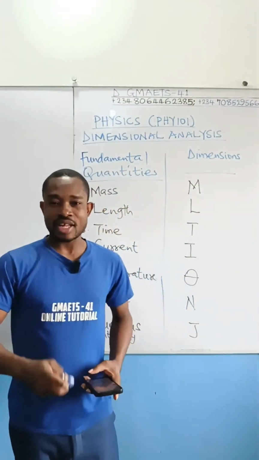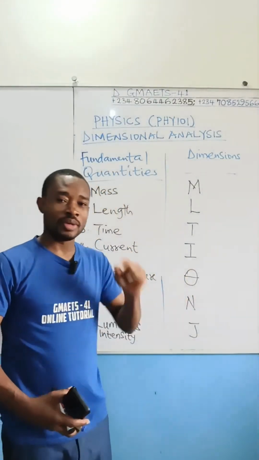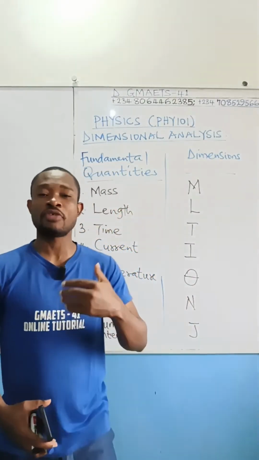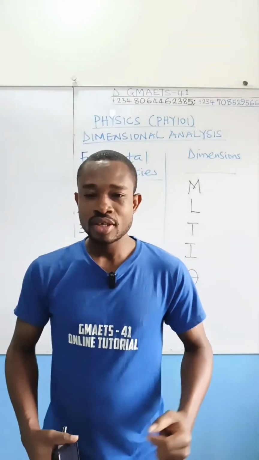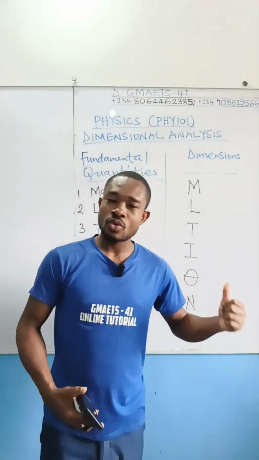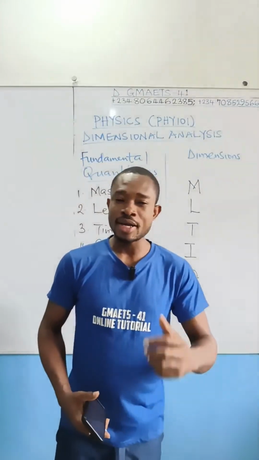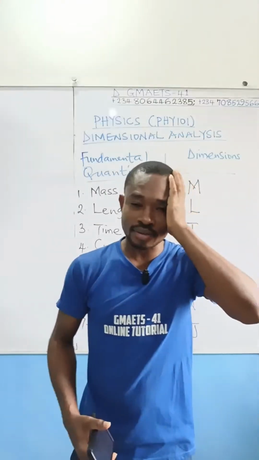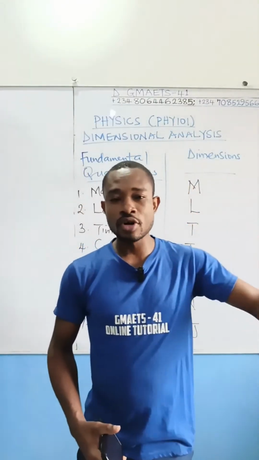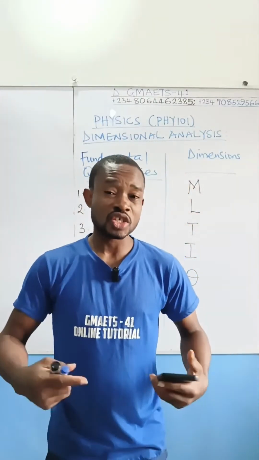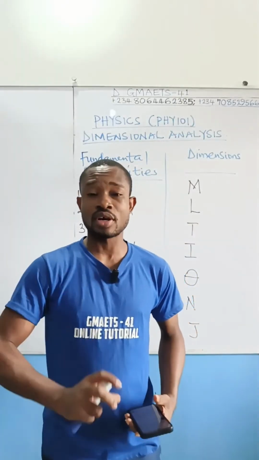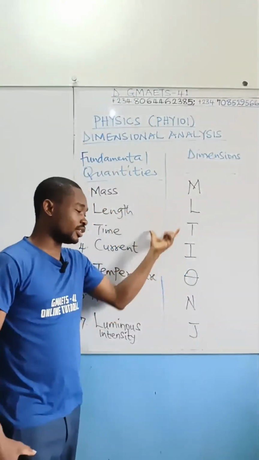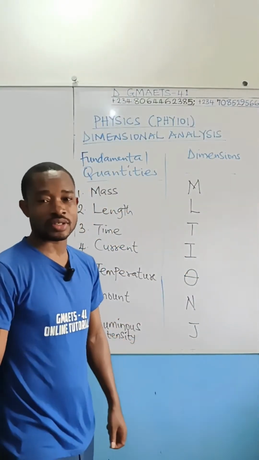Physicists expect that you know these 7 fundamental quantities. The International System of Quantities, ISQ, has sent me to inform you that as a student learning the concept of quantities in physics, you are expected to know and memorize these 7 fundamental quantities, because when you move on to derived quantities, those quantities are obtained from fundamental quantities.